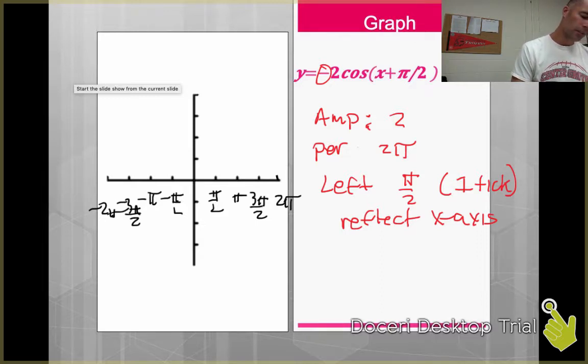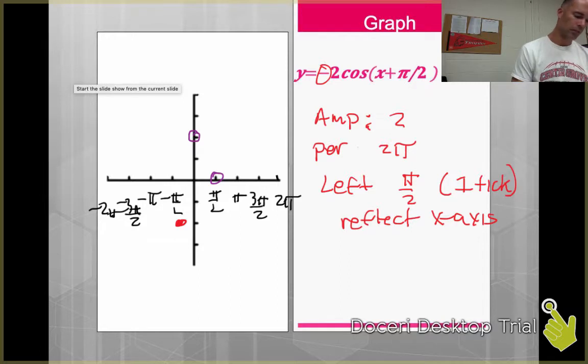Okay, so this is a cosine graph. So normally I would start up here at 2, but it says, okay, it's negative, so I have to reflect that down here to -2 and then move to the left 1 tick mark. So there's my first point. All right, and then I would be right here at 0.